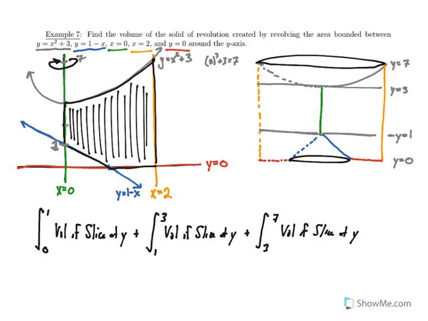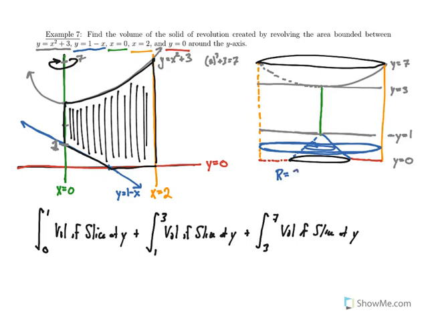Let's start with the volume from 0 to 1. If we think about a slice there, it's going to be a washer because there's a little hole in the middle. And the big radius here is going to be out to that yellow line.